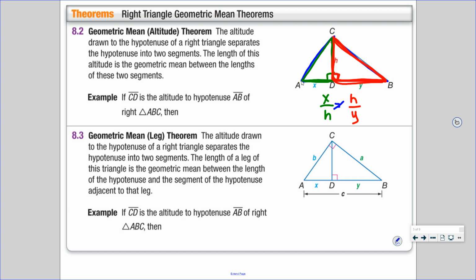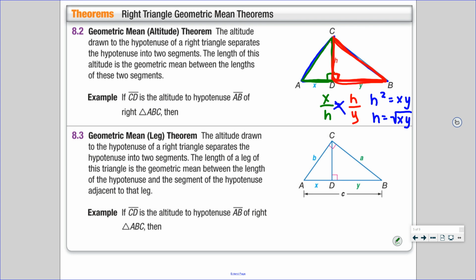I would do h times h equals x times y. How would I solve this little equation for h? Ben? Square root, yep. h is the square root of x times y, the square root of the product of two numbers, which is also called the geometric mean.